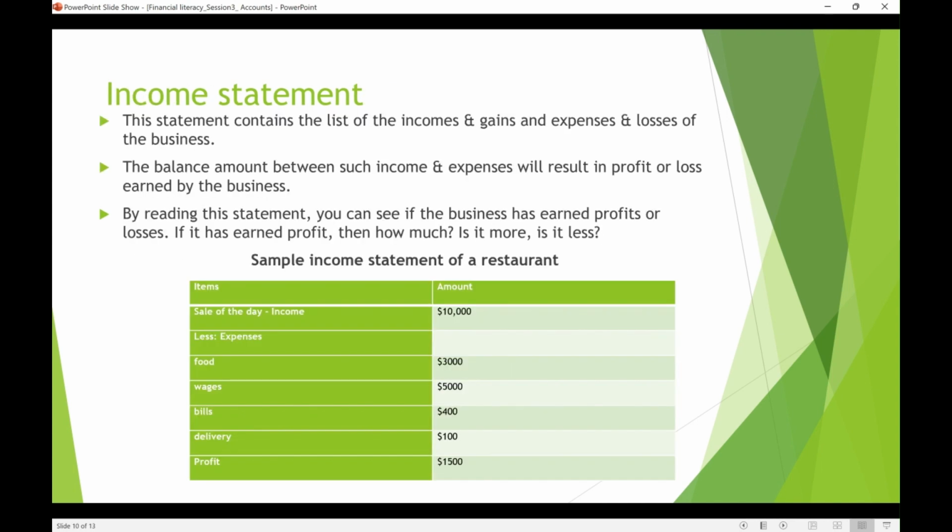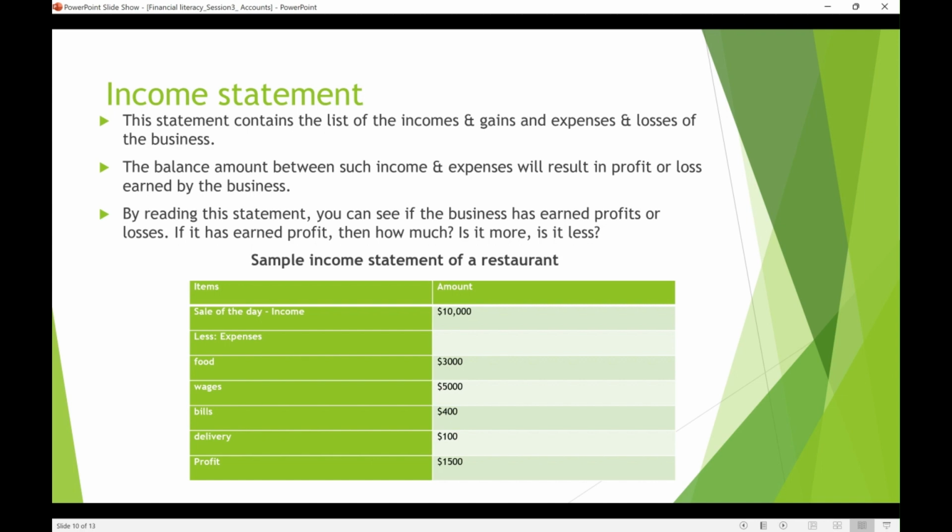Let's see those. This is a simple example, a very basic outline for understanding what the income statement is. It consists of income and expenses, and it shows the profit or loss earned by the business during a particular period of time. For instance, we'll take a restaurant business.